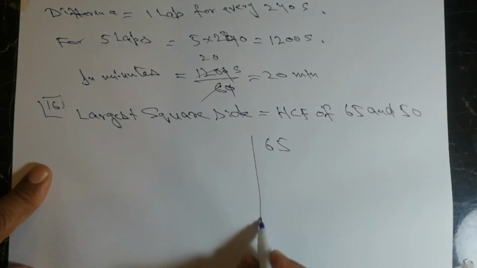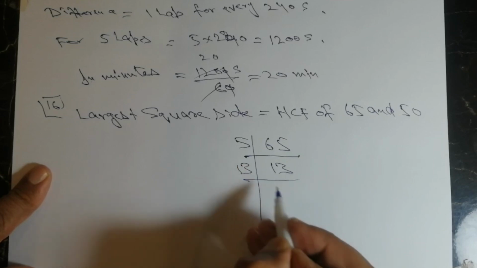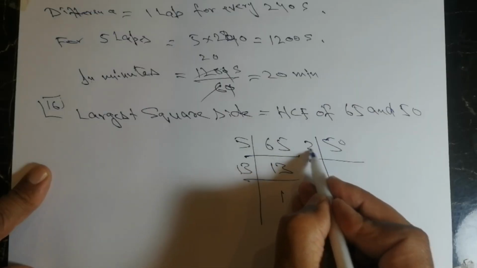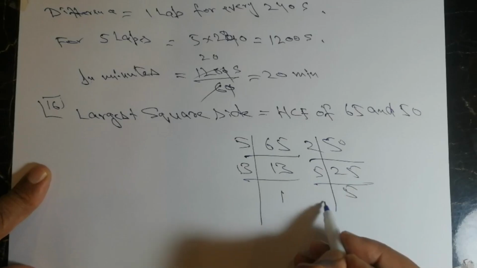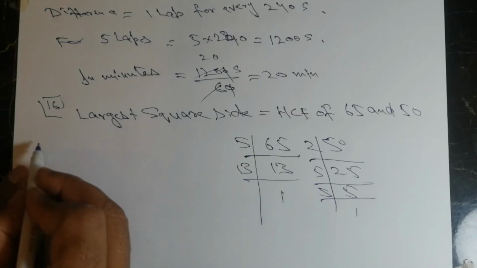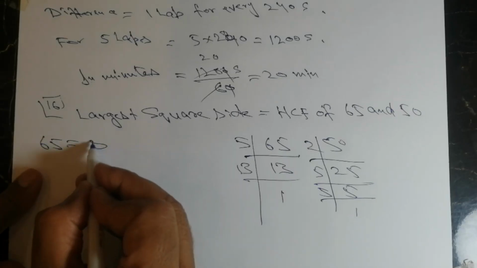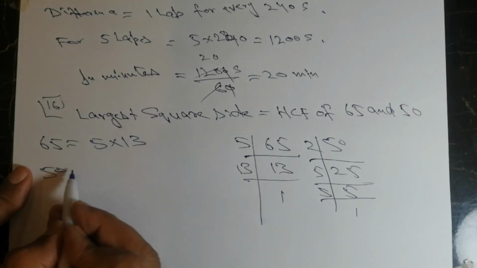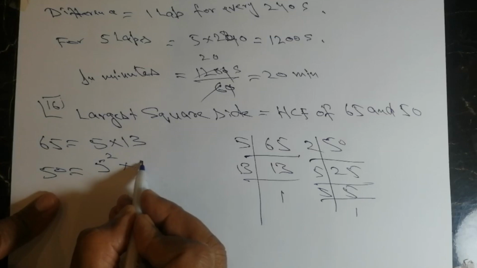65, 5 5s are 25, 5 ones are 5. So 65 equal to 5 into 13 and 50, that is equal to 5 raised to power 2 into 2.